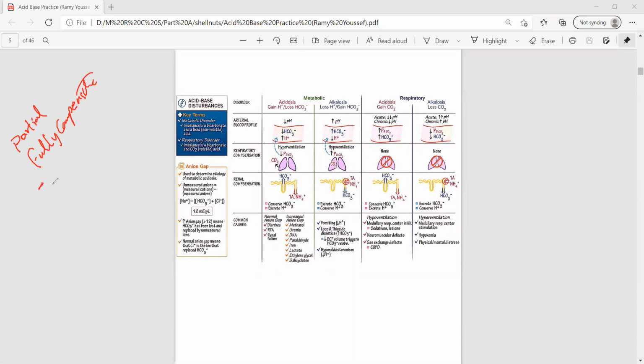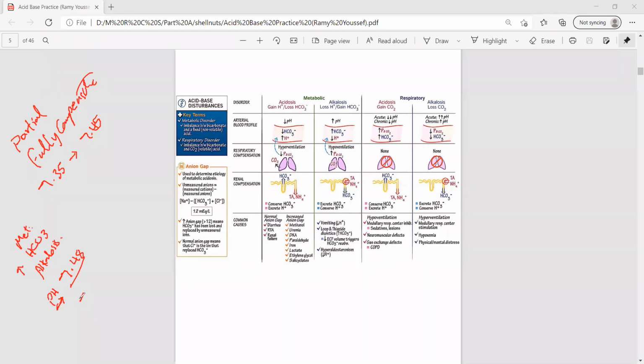We said normal pH is from 7.35 to 7.45. If I have a metabolic problem and I have HCO3 high, so I have a metabolic alkalosis. So I expect the pH to be 7.48. Clear?